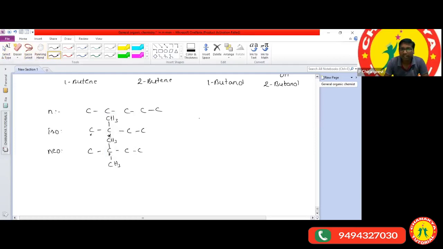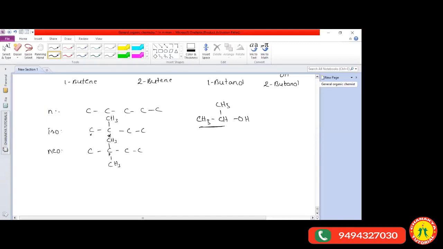How they write the structure: CH3 bond, CH bond, CH3 bond OH. This is what isopropyl alcohol means. This is the root word, right? In place of that CH3 there is OH, and in place of that OH there is CH3. So this is called isopropyl alcohol.